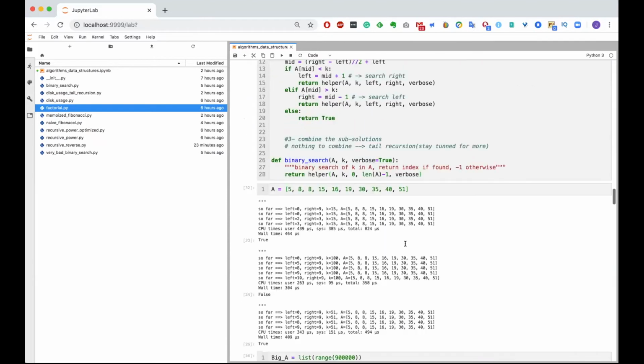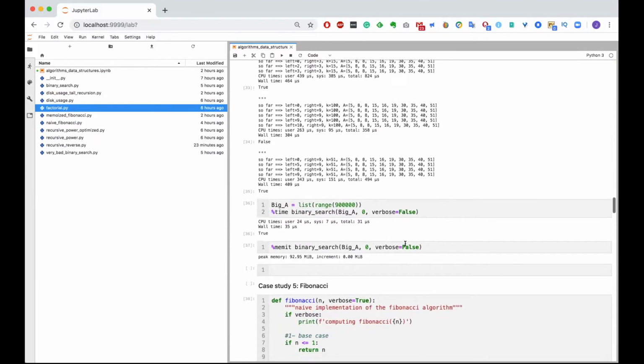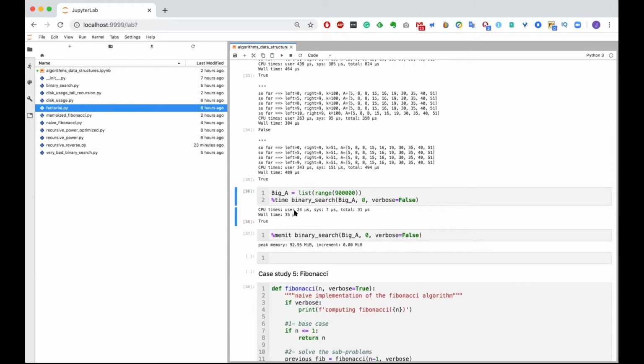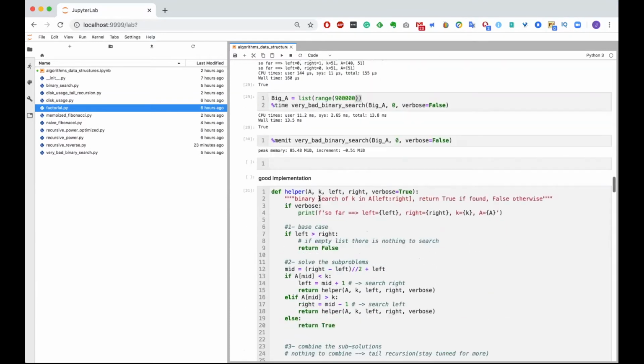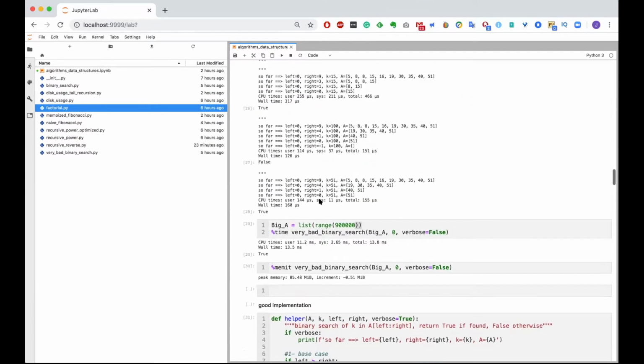Whereas if I have a good implementation, how long does it take? 35 microseconds. You see the difference? It's just huge. It's tremendous. So with the good implementation of binary search, you don't have the problem that I was talking about.